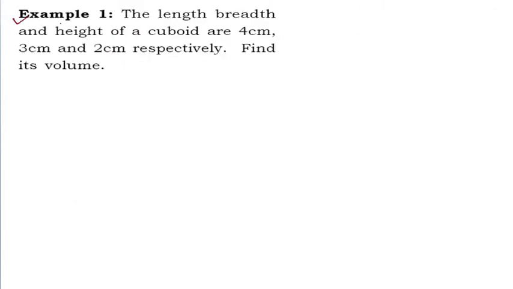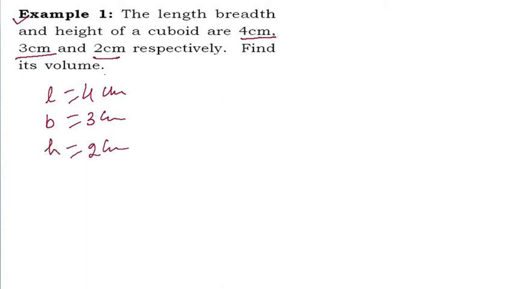Now come to Example number 1. The length, breadth and height of a cuboid are given. Length is given as 4 centimeter and the breadth is given as 3 centimeter. So you can write b is equal to 3 centimeter and the height is 2 centimeter. So you have to write height 2 centimeter.